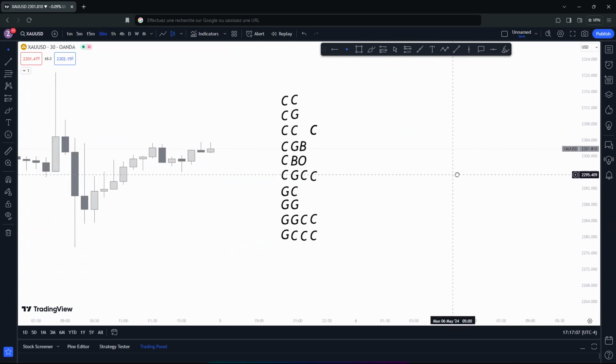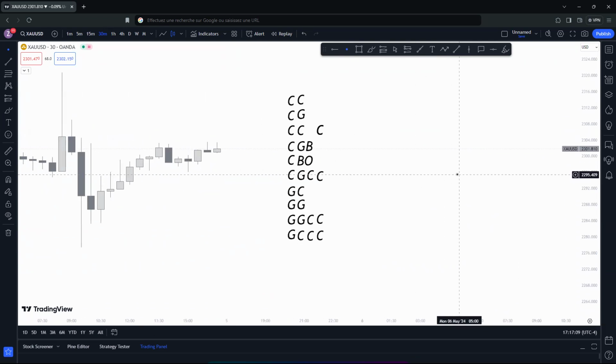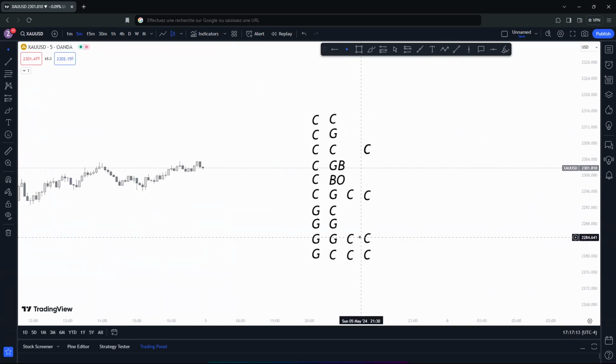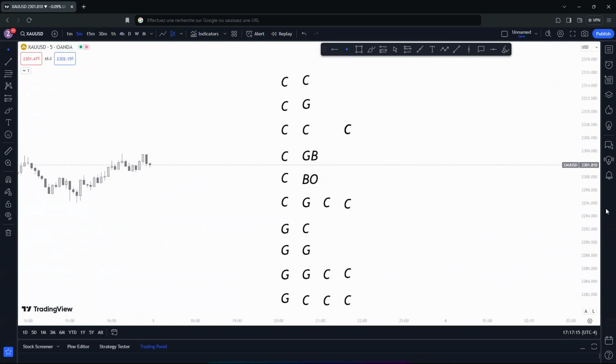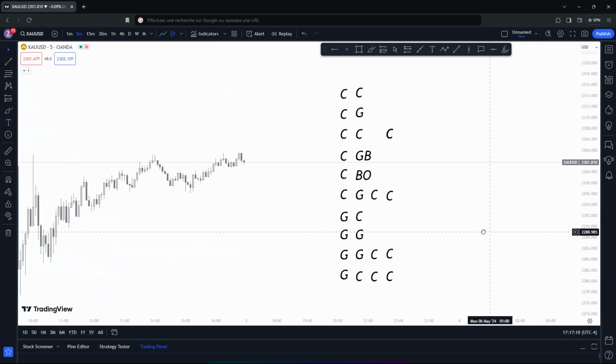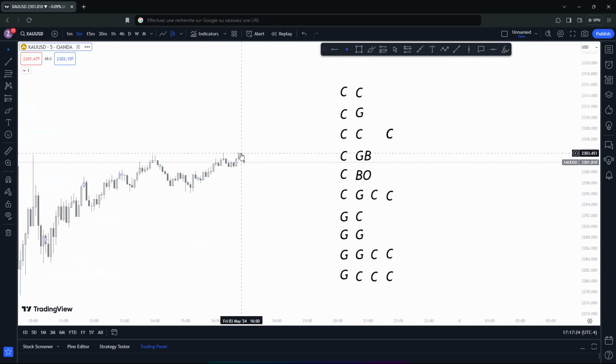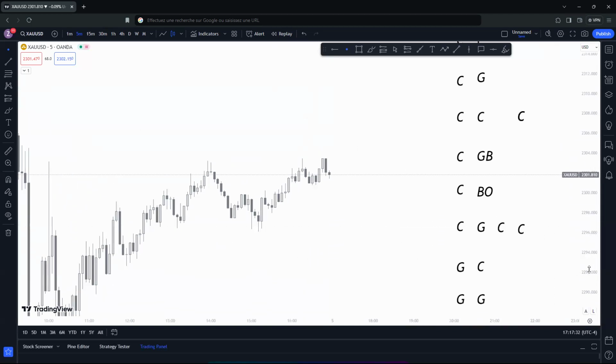What are these type of combos? And what's the priority for these combos? Okay, so just to clarify things here, the C stands for classic. What is a classic? It's an A or V level that are simply fresh. What's GB? GB is simply a gap break, a gap that got broken.